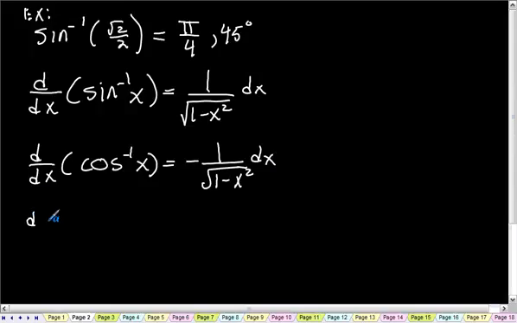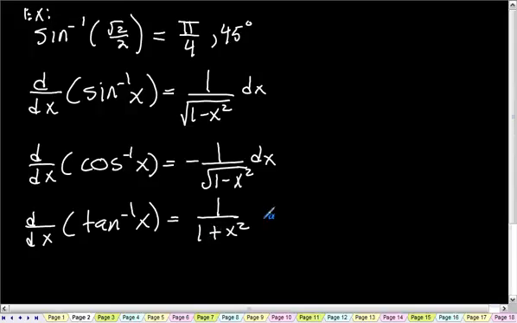And the derivative of the inverse tangent of x is equal to 1 over 1 plus x squared. Those are the derivatives of the inverse sine, inverse cosine, and inverse tangent. I'm not going to show you how to get it. This is, again, something you have to memorize.